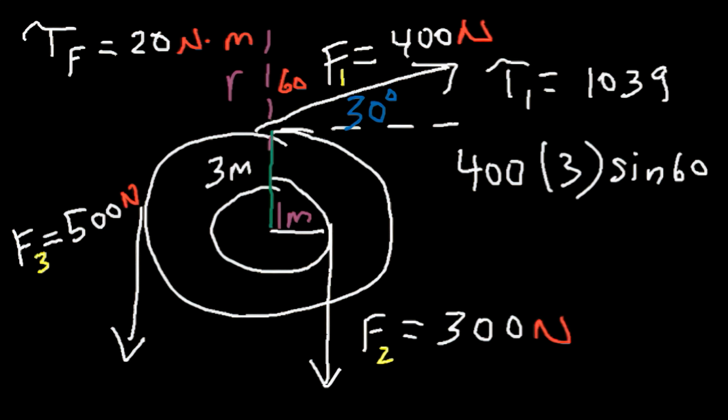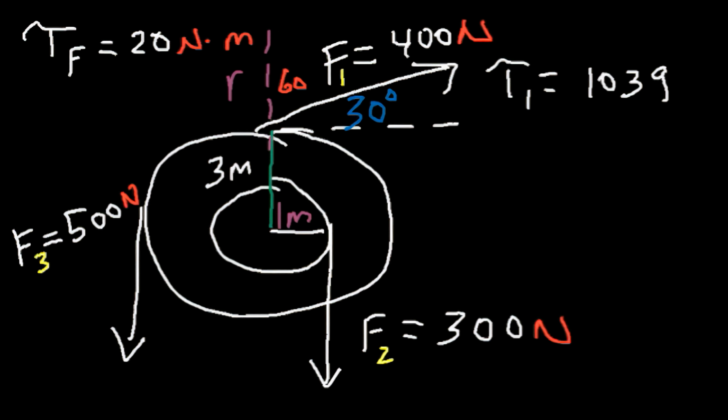It's 1039.2, but let's just say it's 1039. Now this particular torque, is it positive or is it negative? F1 is going to create a torque that is going to turn the wheel towards the right in the clockwise direction. So this torque is negative.